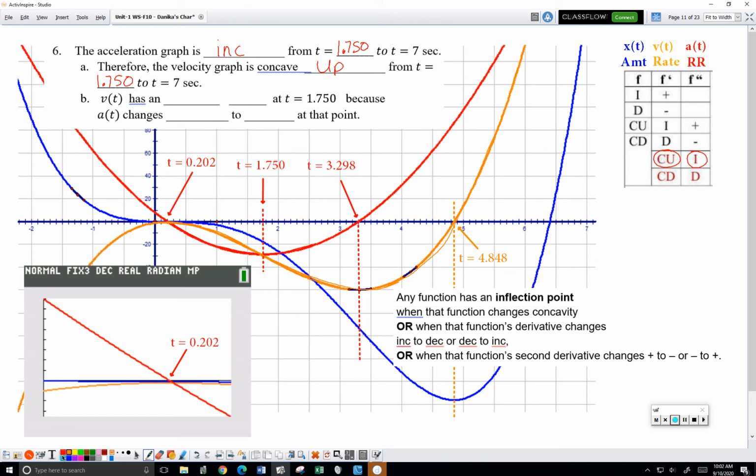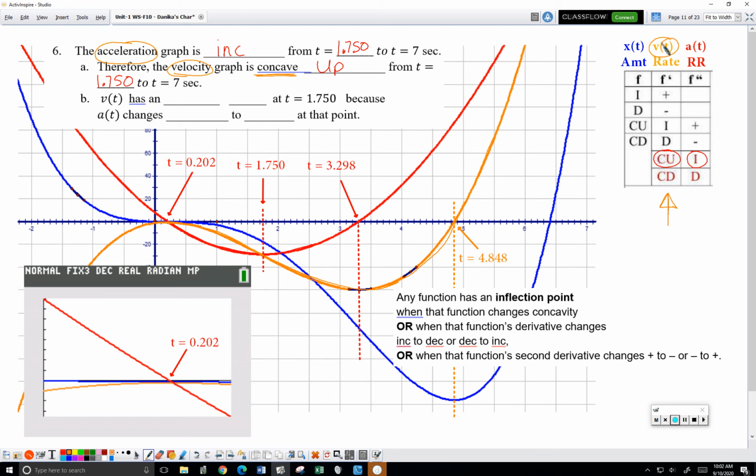Basically, the only way you can tell is by reading a subsequent statement and saying, oh, wait a minute. Number 6 is trying to get me to understand how these two things correlate to each other. So the only reason I knew that is by looking here, okay, they're talking about acceleration, and then they're going to ask me how it corresponds to the velocity being concave something. So I go, oh, I got it now.